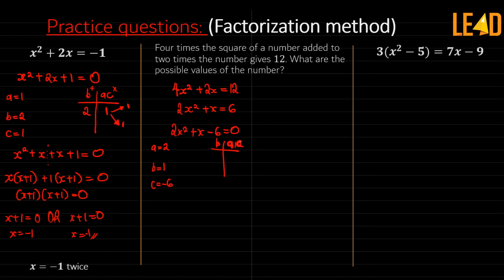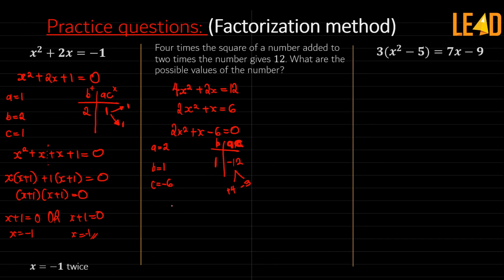Then I have 1 and negative 12. So the two numbers I would use here, I would think, are negative 4 and 3. 4 times 3 would give you 12, so minus 12. And then add them up, you get, oh no, it should be plus 4 and negative 3. Yeah, add them up, you get 1.